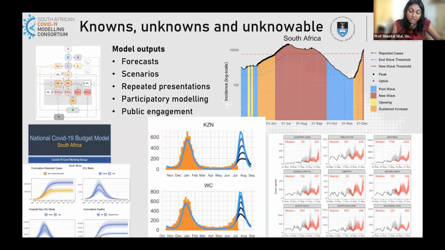In the context of modeling for an LMIC, like South Africa and other LMICs that we've worked in, you have to take into account the context and the issues with the data. Whether it's big data or small data or anything in between, we can't just accept the data as it is. Understanding the underlying data structures and the flaws in the data is vital to contextualizing your model output.